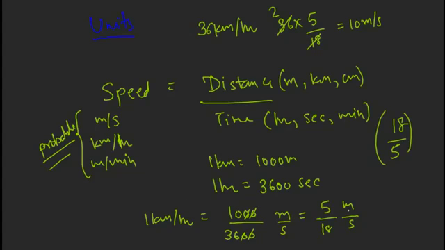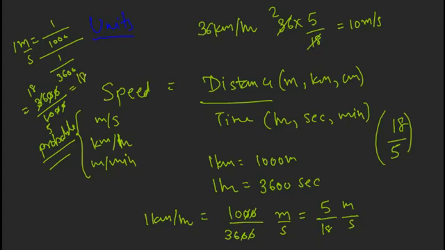Why? Because 1 meter per second would be equal to 1 by 1000 kilometer upon 1 by 3600 hours. So this will be equal to 3600 upon 1000, and your answer would be 18 by 5.